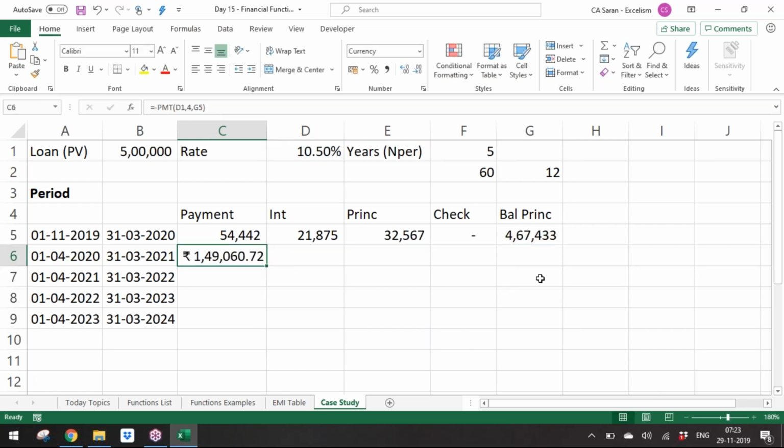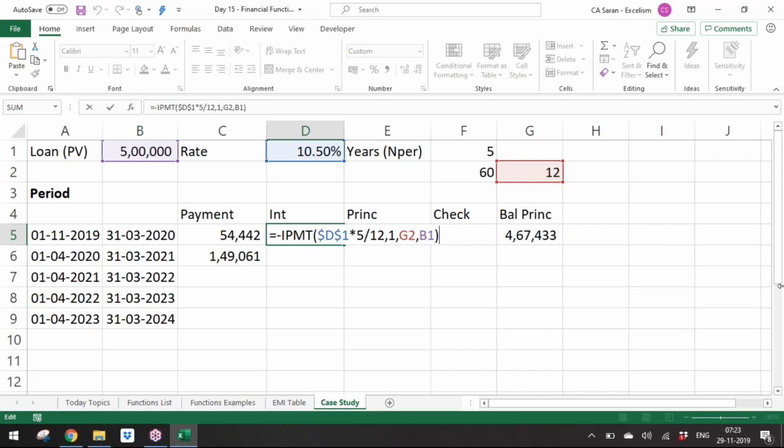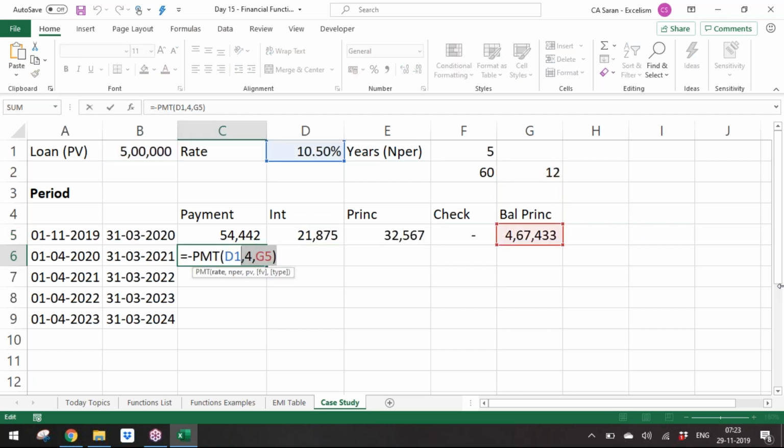So enter. Maybe this is exactly the interest one which I'm going to take. But the only difference between here and here is that in this case it is 4, then PER is 1, the first period, then this one, then exactly the same.